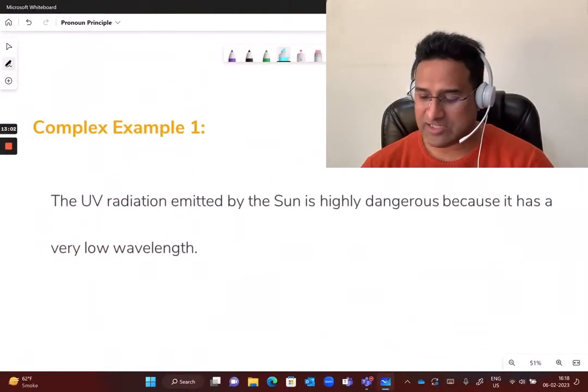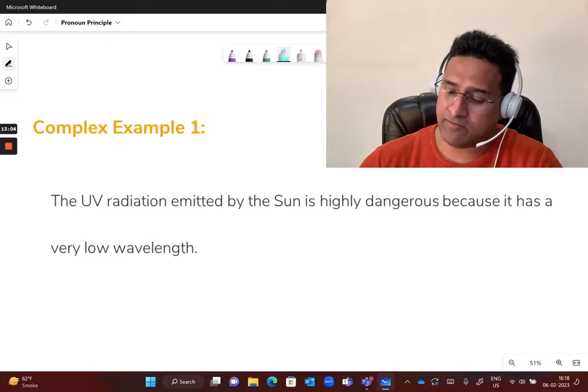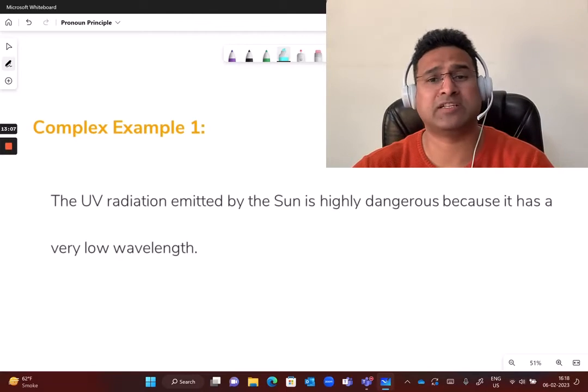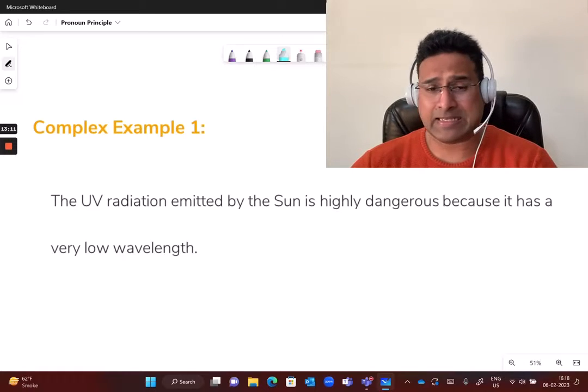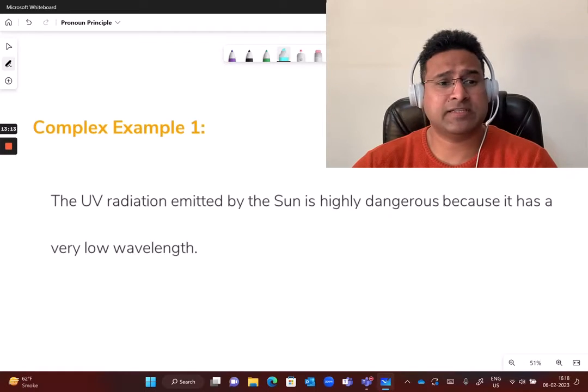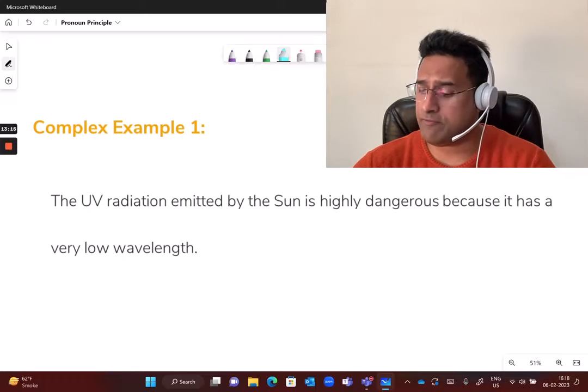Alright, now let's quickly dive into this example and apply the framework to check whether the pronoun is ambiguous or not. Come on, do it with me. The UV radiation emitted by the sun is highly dangerous because it has a very low wavelength.